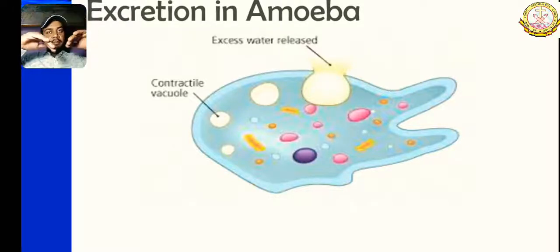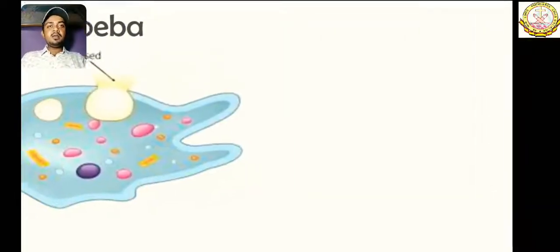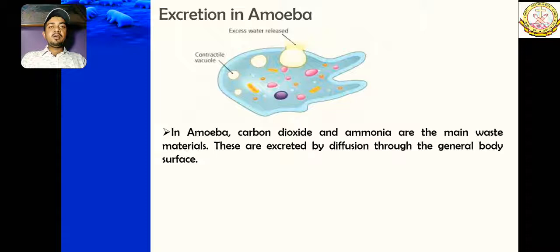Then after the explosion, the inner membrane will come up, the whole thing will be excreted, and it will again form an intact surface like this. I hope the process is clear. In amoeba, carbon dioxide and ammonia are the main waste materials.